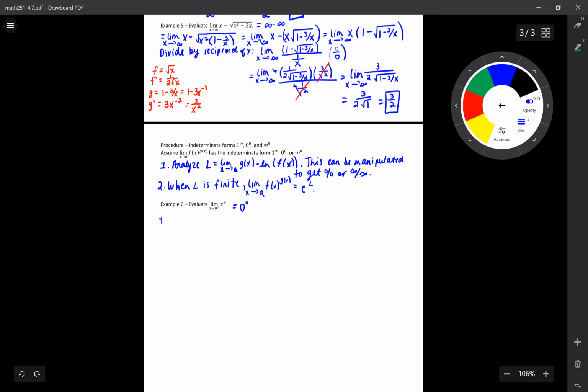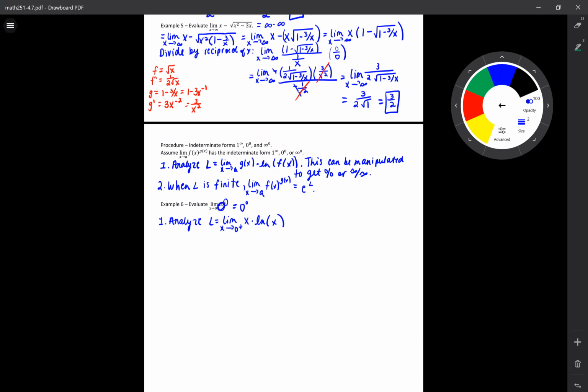So my first step is I need to analyze L, which is equal to the limit as x goes to 0 from the right of g of x, that is the x in the exponent, so that is x times natural log of this x, the bottom x.